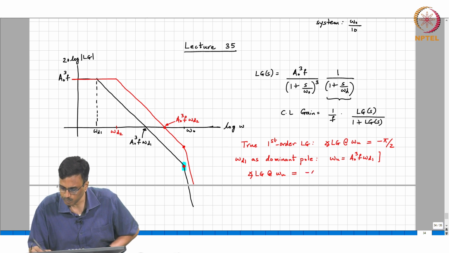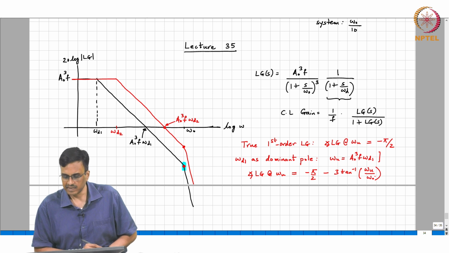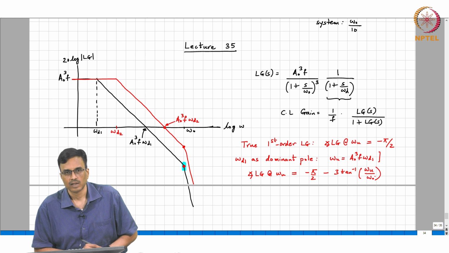So this is basically minus pi over 2 minus 3 tan inverse omega u over omega naught. And sanity check, as omega naught tends to infinity, we should get minus pi by 2, all right.